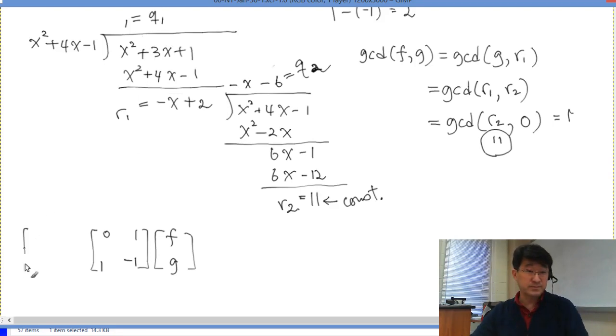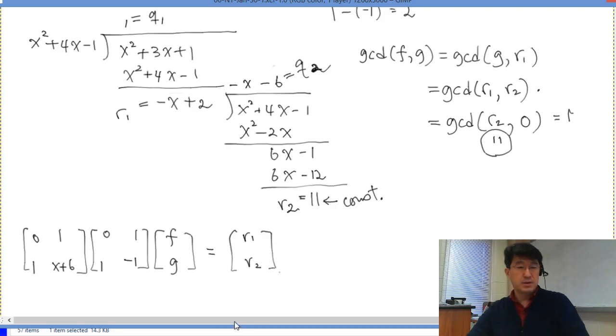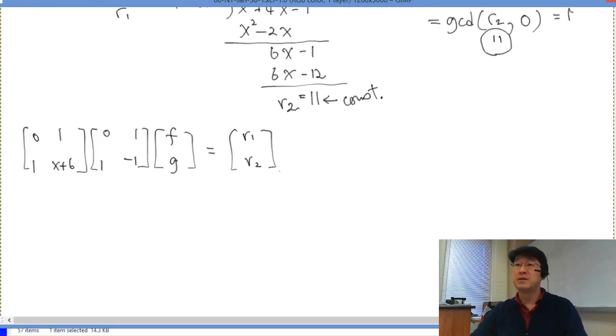What is the second one? 0, 1, 1, negative Q2, which is x plus 6, right? Yeah. And then by doing that, you're going to arrive here, I think, right? R2. Yeah. This is Q2 and arrived at R2. That's correct, yes. Is that right? Yeah.